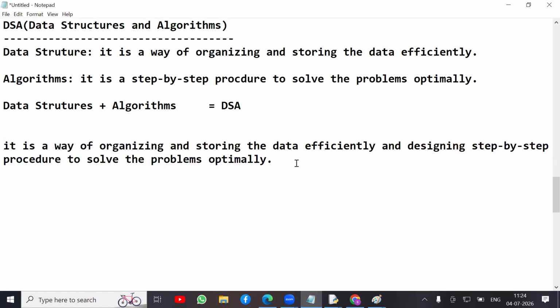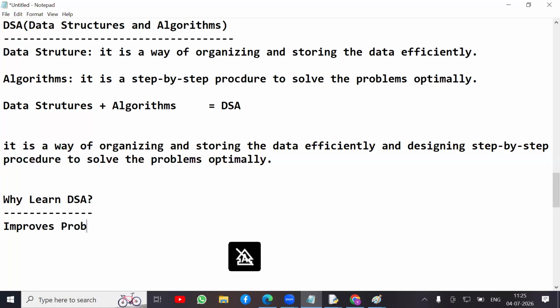Why are we learning DSA? Why learn DSA? Observing very clearly, improve the problem solving skills.